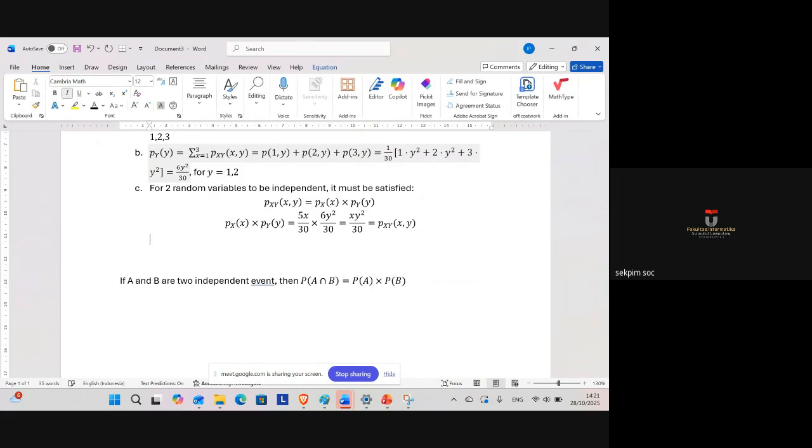So we confirm that x and y, by the definition of independent, are independent.